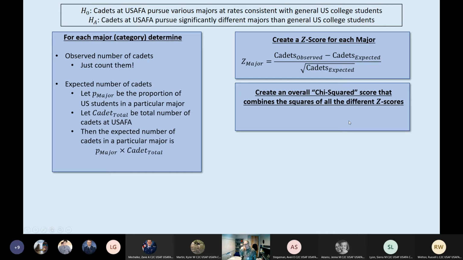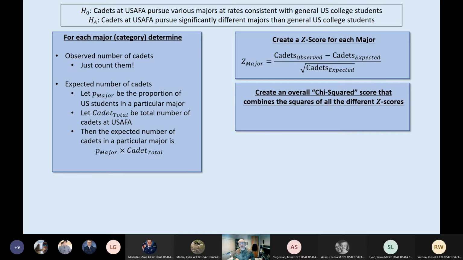Okay, so what we want to do now is take all of those z-scores and sum them all up into a single chi-squared, right? Because each of those z-scores is kind of a mini measure of how well our math major proportion matches the national math major proportion, how close our bio major proportion matches the national bio major proportion.